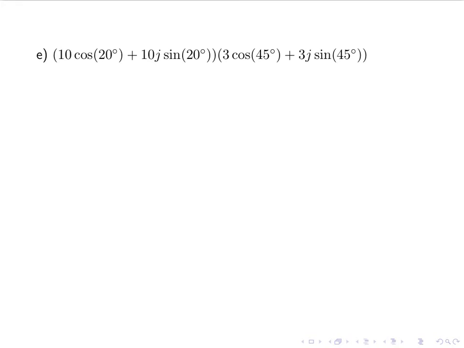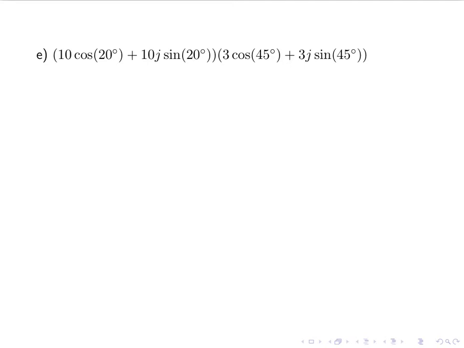My angles of my polar form won't always look like that r angle theta. So here I have 10 cosine 20 degrees plus 10j sine of 20 degrees times 3 cosine 40 degrees plus 3j sine 40 degrees. I don't want you to try to FOIL this out. What I want you to do is recognize that's still polar form.